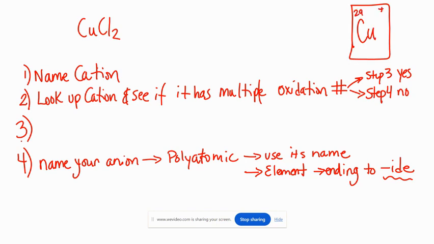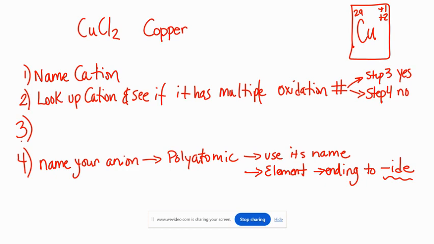It has a +1 and a +2. So we are going to name our cation. We're going to look up the cation and see if it has multiple oxidation numbers. It does.